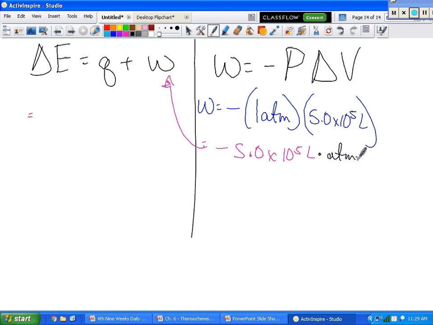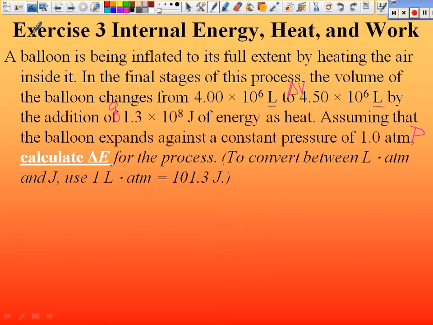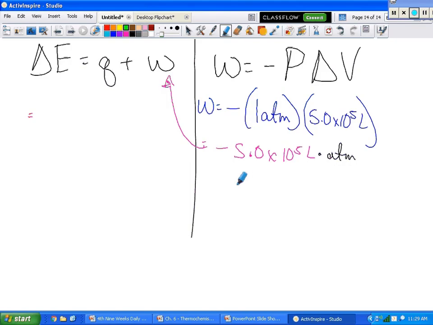So the problem is they gave us Q in joules, and then they tell us that 1 liter-atm is equal to 101.3 joules. So what do we have to do to this number? So 1 liter-atm is equal to 101.3 joules, which tells me I got how many joules? How many joules?